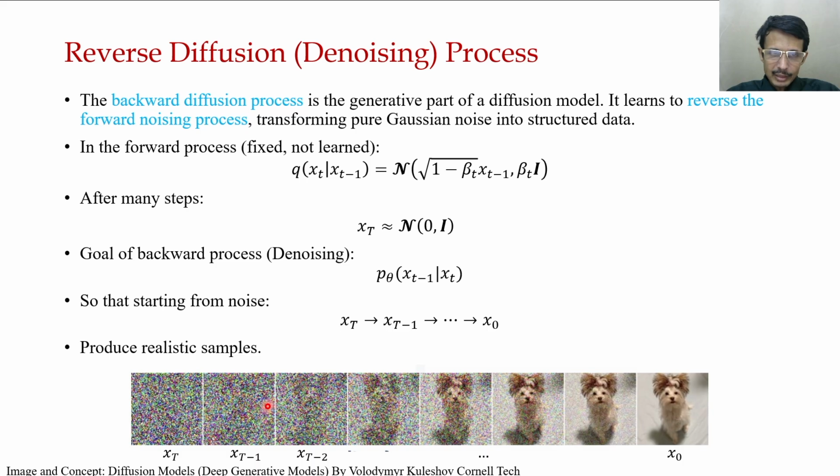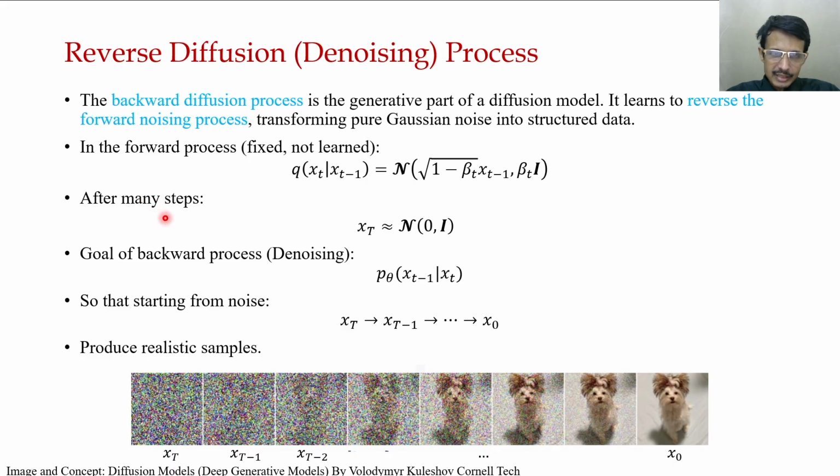Please try to understand, this is reverse, so this is forward, xt from xt minus 1. This is basically a kind of noise addition, and mathematically we have seen in our previous slides that this is a Gaussian noise with a given mean and variance.